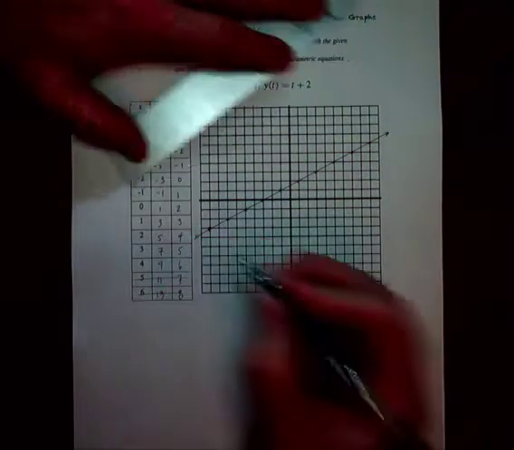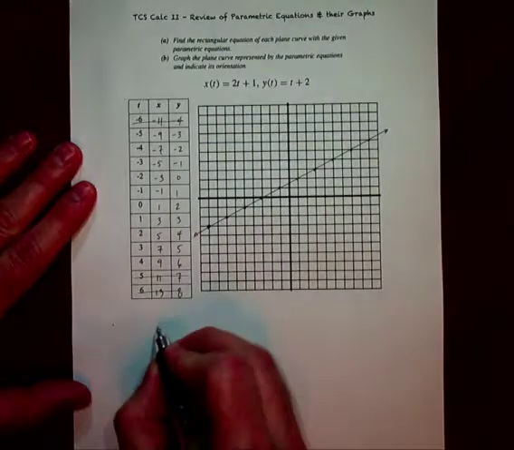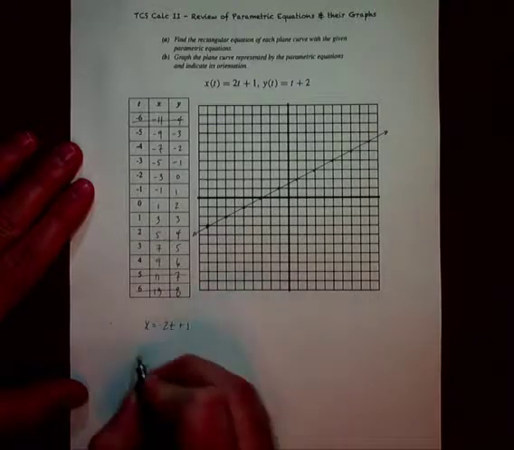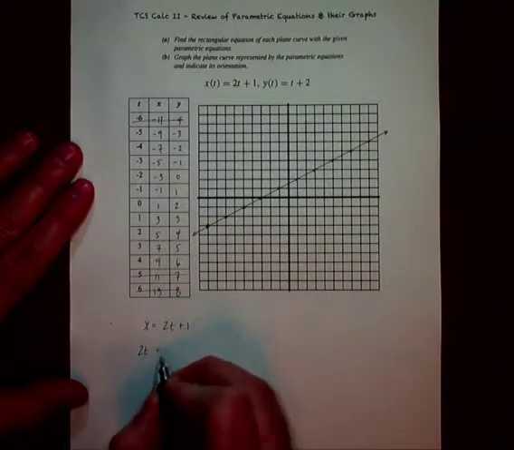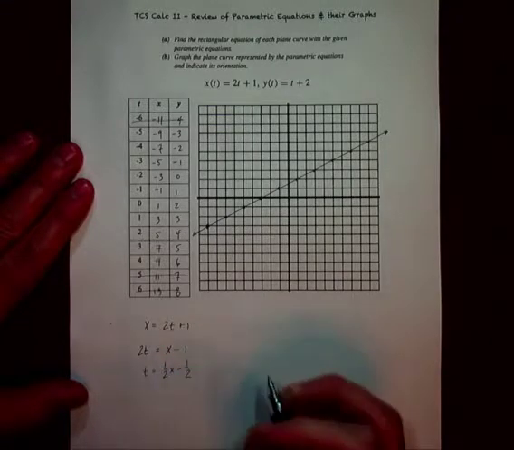Now, we can, of course, eliminate the parameter, and in this one, it's relatively simple. We're just going to take x is equal to 2t plus 1. We're going to go ahead and solve for t, and we're going to get t is equal to 1/2 x minus 1/2.